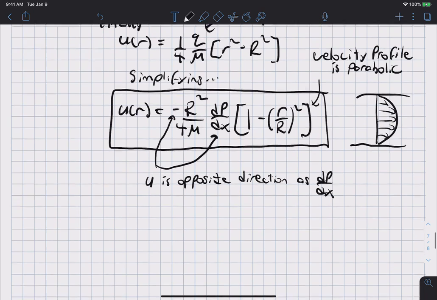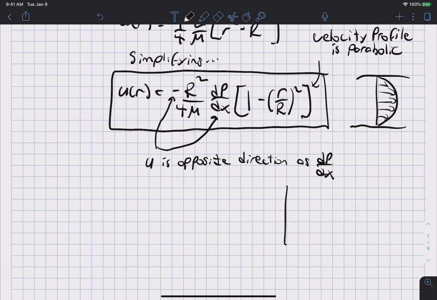So if the pressure gradient looks like this, then the flow velocity is going in that direction, and that makes sense because you have more force over here pushing the fluid to the right.